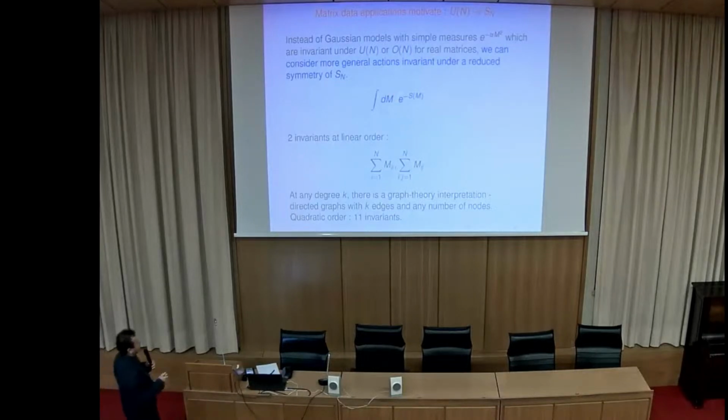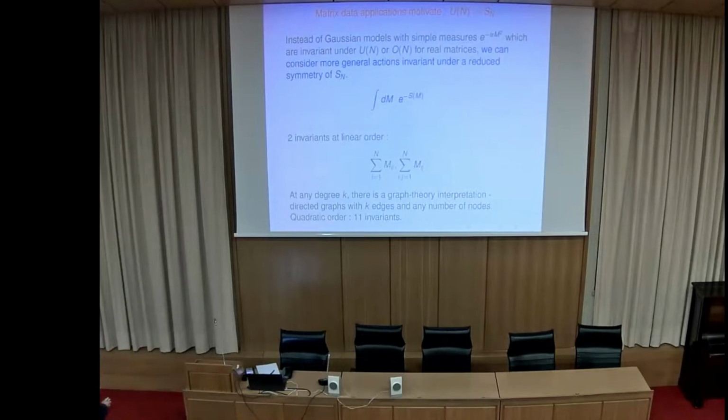In particular, let's look at Gaussian actions, which means at most linear and quadratic terms. And now, instead of the symmetry M goes to UMU dagger or UMU transpose for all O(N) or U(N) matrices, you just restrict the invariance: U is a gauge symmetry that you impose to be simply in S_N.